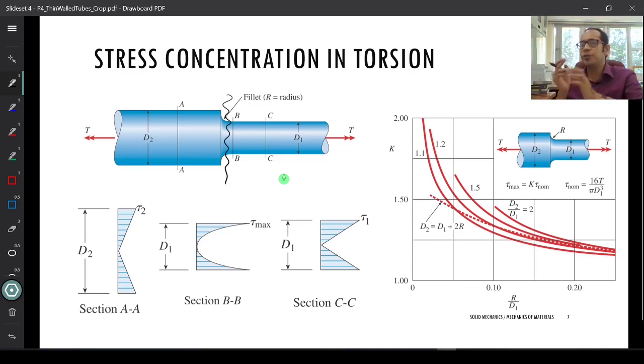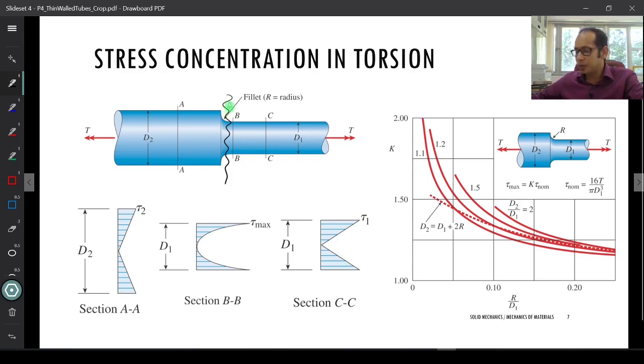Now, if you take a look at these individual segments separately, for example, this particular segment over here, if you're applying this torque T, you will probably get a shear stress distribution like this. If you're looking at this segment over here, you will get a shear stress distribution like this, right?